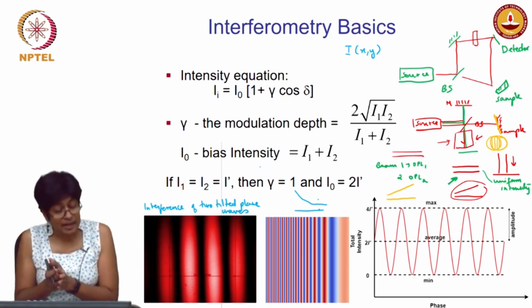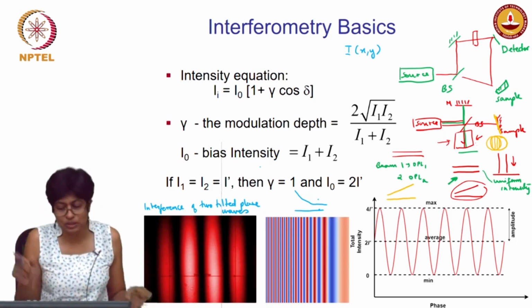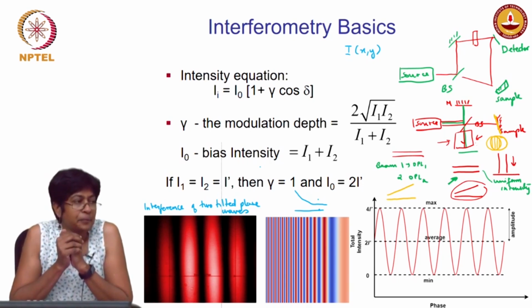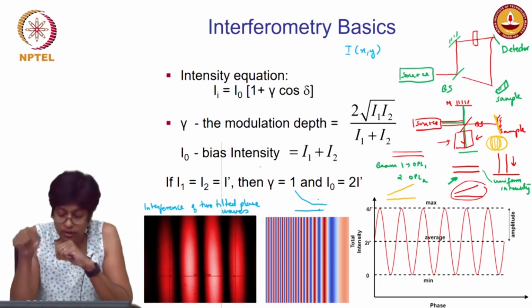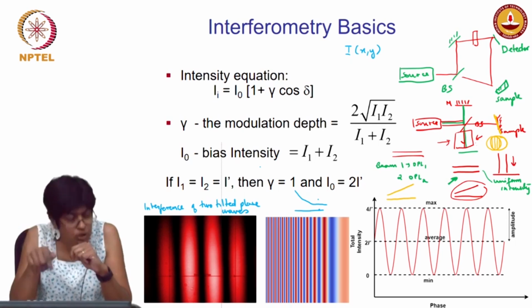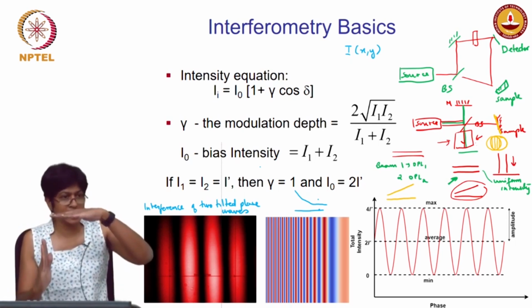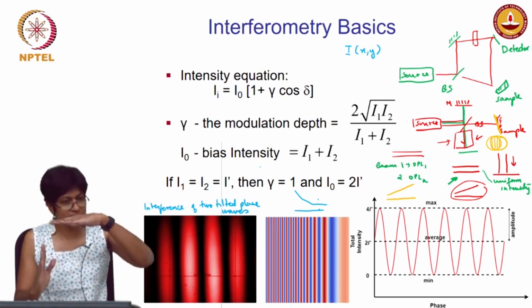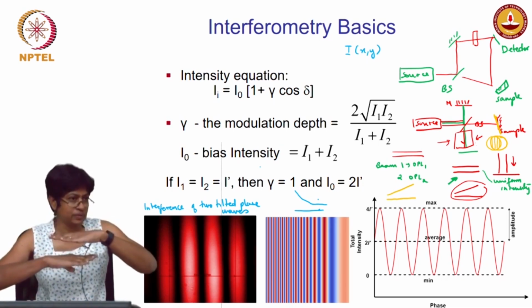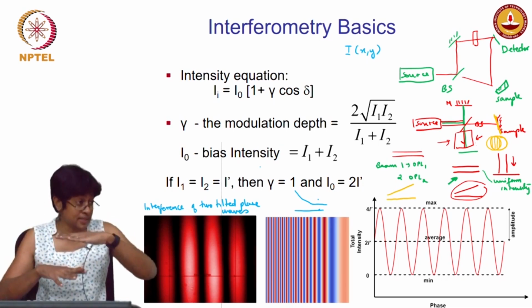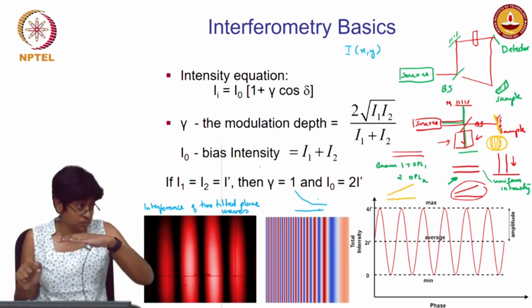Now, I'll ask you a question I asked you some time back. With the Michelson, in order to see fringes, you should not have your mirrors perfectly at 90 degrees to each other, because then you just have two parallel plane waves coming and you have a uniform intensity. It is I1 plus I2.